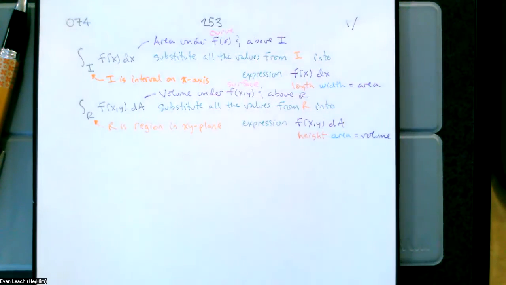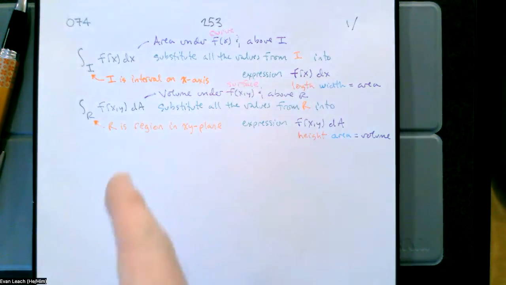Once we understand the notation, what the notation is trying to tell us, it's not that big of a deal to upgrade and interpret when we have an integral with a function of two variables. The notation should be telling us the same thing.